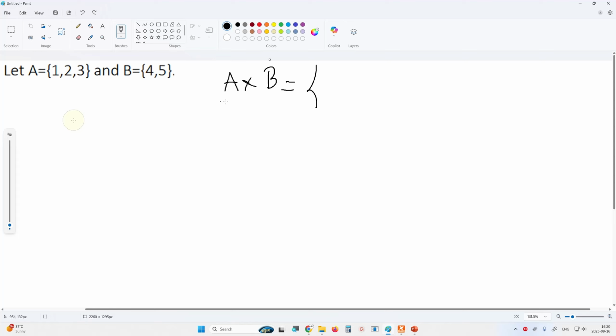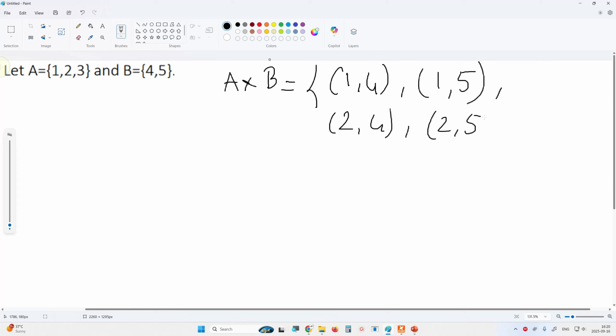Now what the Cartesian product does is take one element from A and associate it with every single element of B. So I'm going to have 1, 4, then 1, 5. I'm done with 1. Now I do the same thing with 2: 2 with 4 and 2 with 5, so 2, 4 and 2, 5.